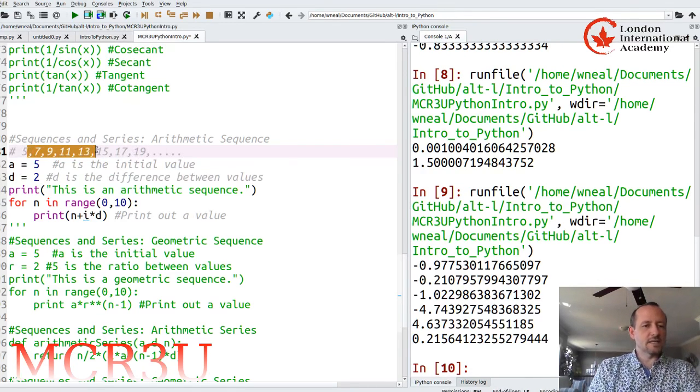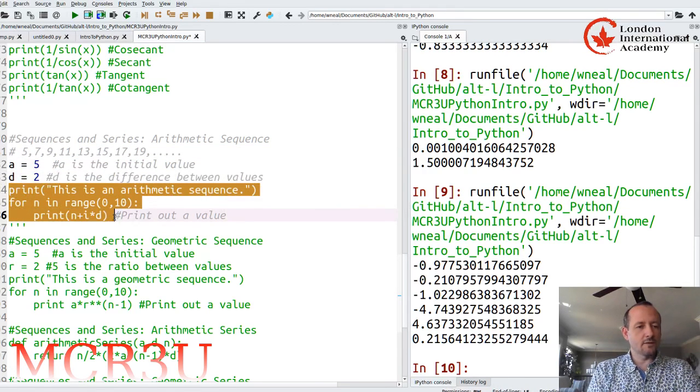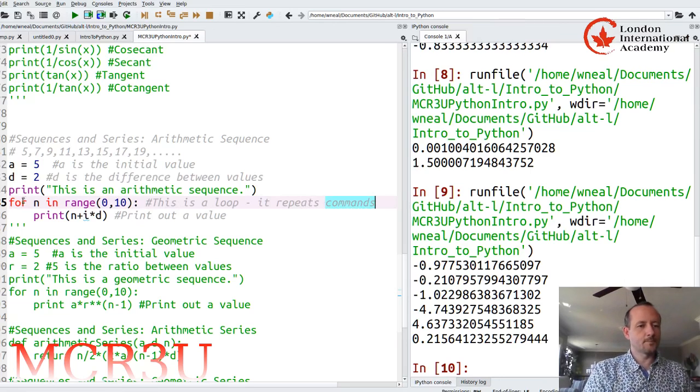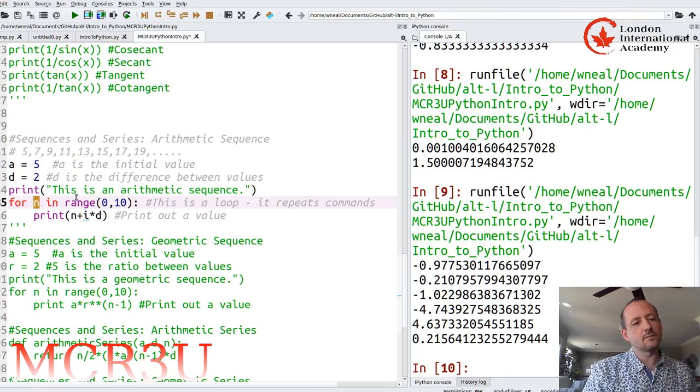So that's what this arithmetic sequence looks like. And so now I have a little program here that uses a loop. This loop, starting with the for, repeats commands for values of n in the range 0 all the way up to, but not including, 10.